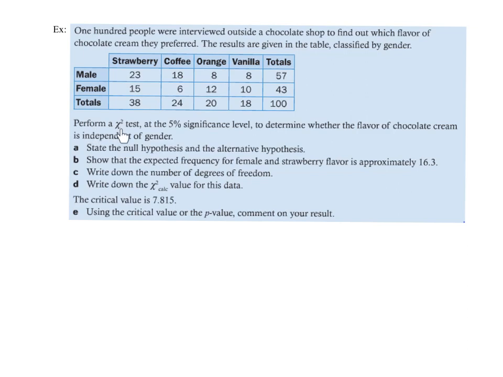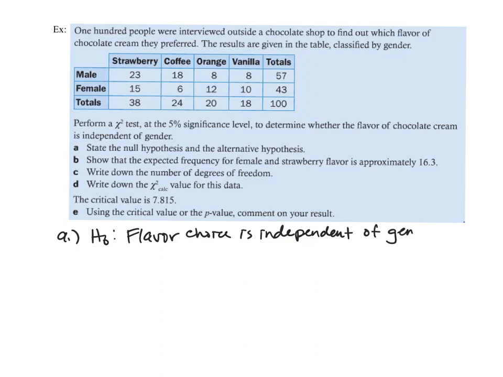Okay, so we're going to perform a chi-squared test at 5% significance level to determine whether the flavor of chocolate cream is independent of gender. So the first thing we're going to do is state the null hypothesis and the alternative hypothesis. For letter A, H sub 0, our null hypothesis, is that flavor choice is independent of gender.